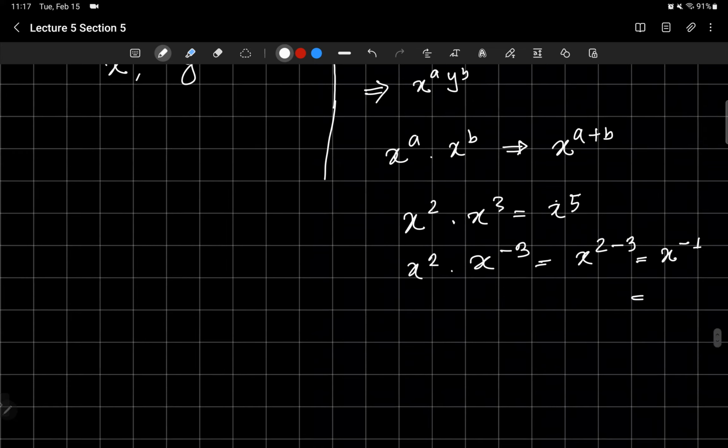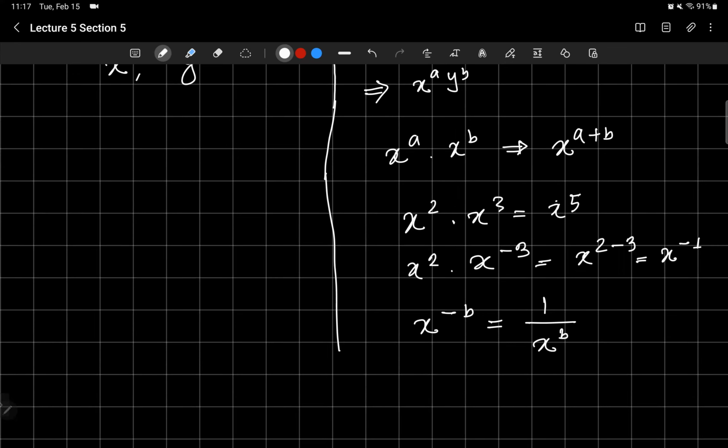And whenever you have an expression like x inverse b, it's pronounced as x inverse or sometimes x to the power minus b, whatever you want to call it. This really means just 1 upon x to the power b. Why?